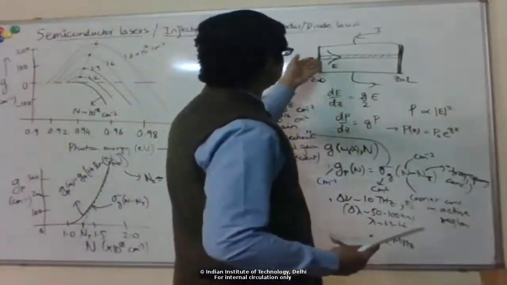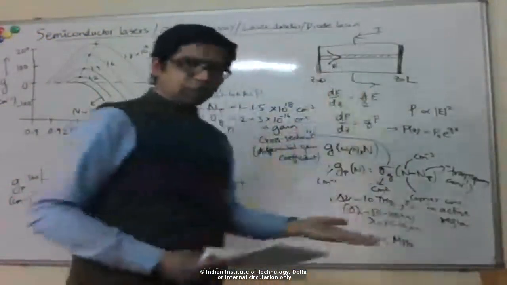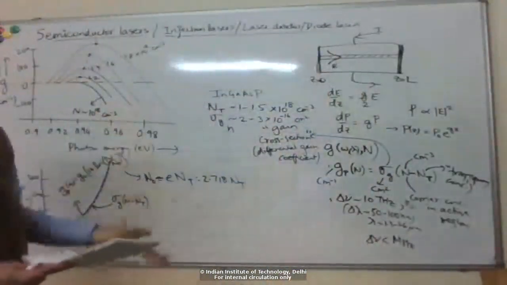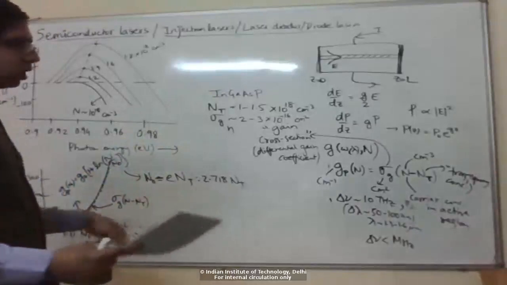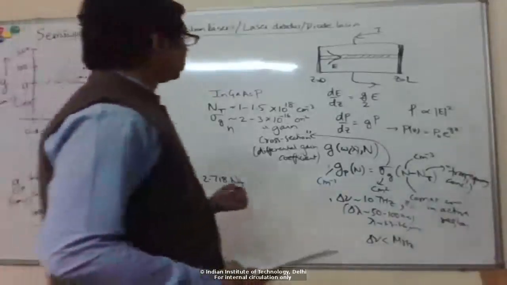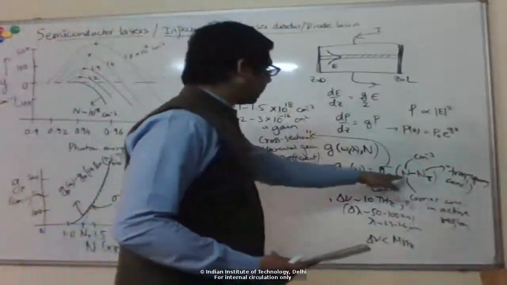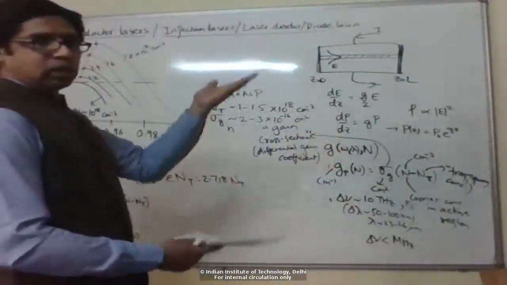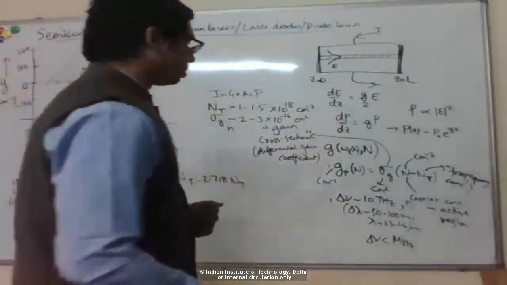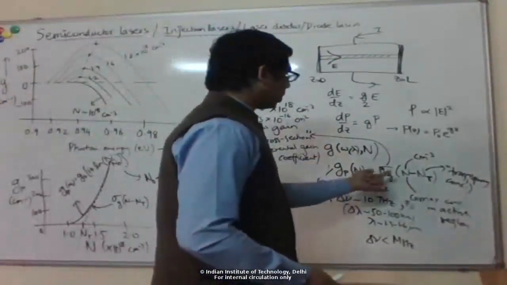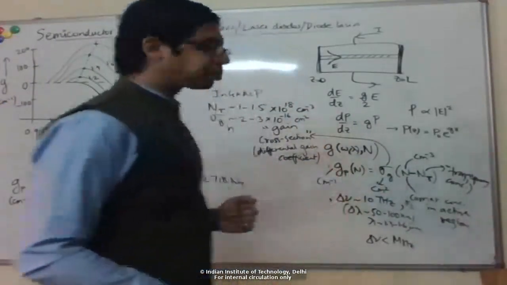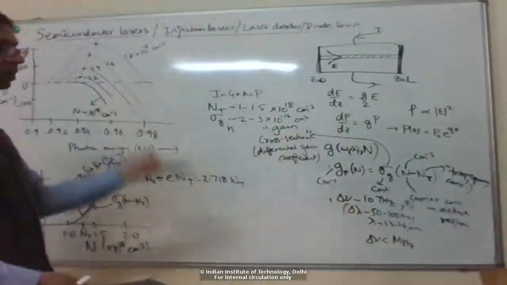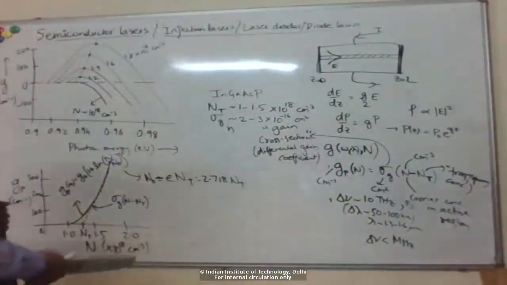For low currents, you're below population inversion, which means absorption is dominant, so you're having net loss. That is N less than N_T. At N equal to N_T, you just create equal population in ground and excited states, so now your G is 0. And then beyond that, you're in the population inversion region.